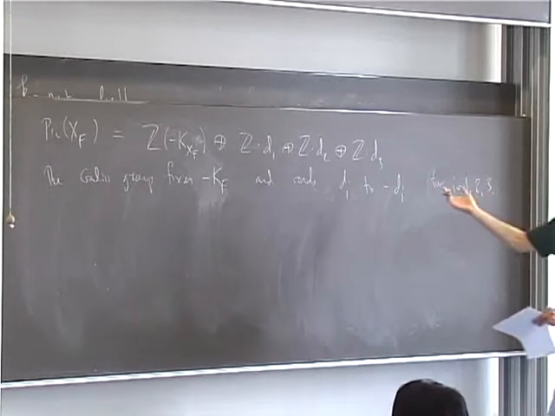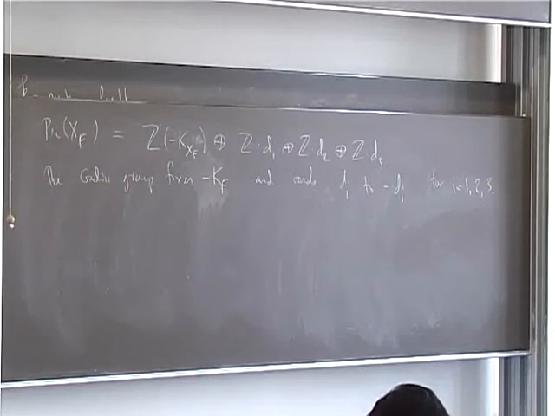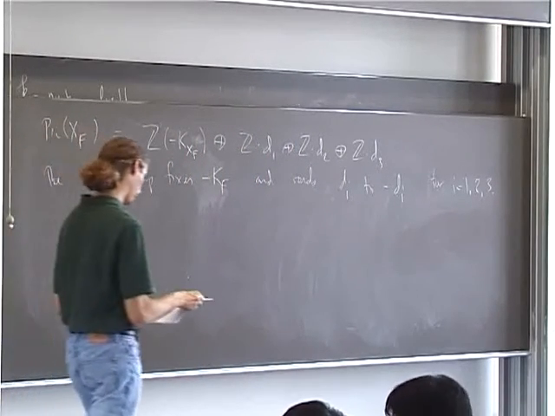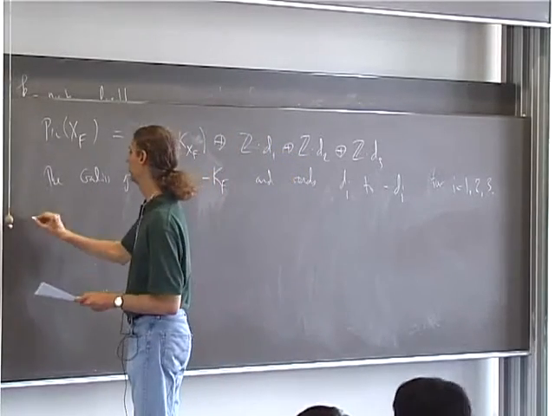And then it's easy to see that if you compute this, you get 3 copies of Z mod 2.